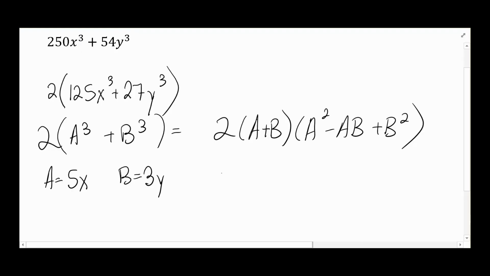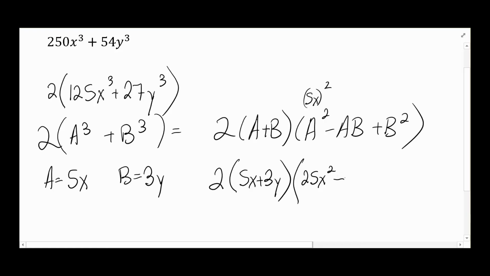Let's plug them in. The 2 copies down. The 5x and the 3y copy down. Now as far as the a squared is concerned, I'm squaring 5x. That's going to give me 25x squared. As far as the ab, I've got 5x times 3y.